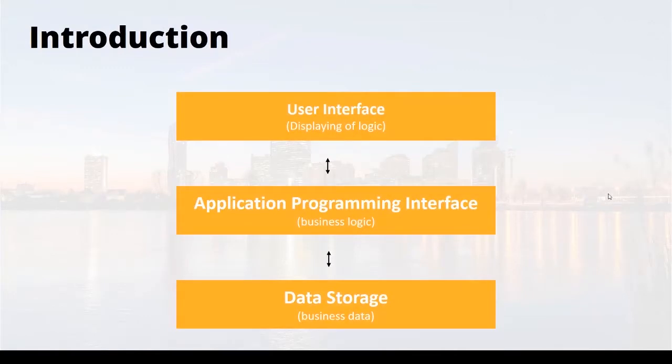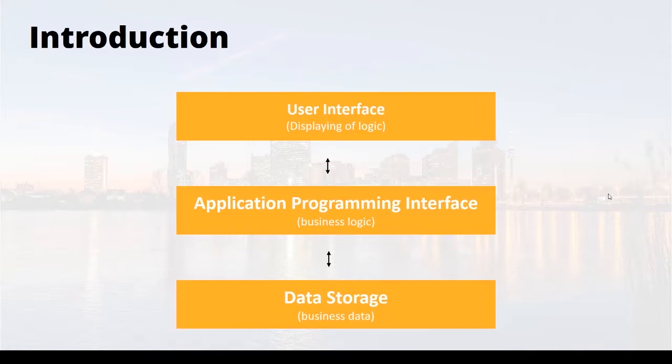As a very basic introduction on what is meant by UI and API, we have different layers in our application. The most common layer every application user is facing is the user interface, which displays the business logic. As users, we are able to make inputs into our applications, as well as receive certain outputs that were processed.